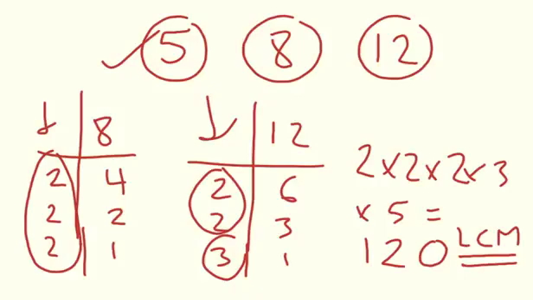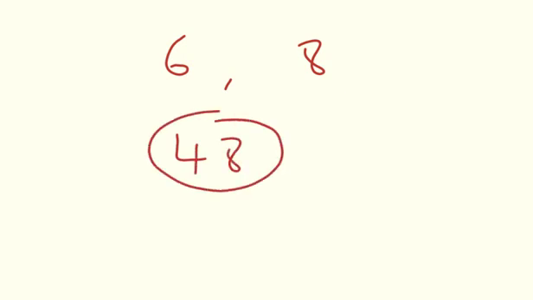I'll show you an easier technique. When I say an easier technique, it's like this. If it's 6 and 8, then obviously your 6 times 8 will be 48. But is that the lowest common multiple?